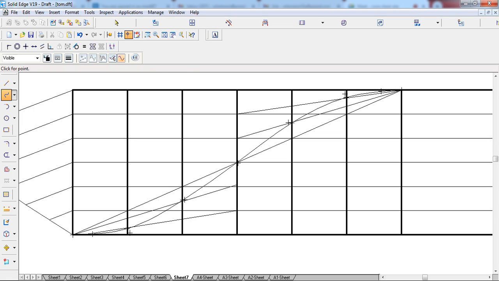Okay, so this I will show you by a different color so that you can find out. Everything should be light. Okay, only what I am showing by red color should be dark.